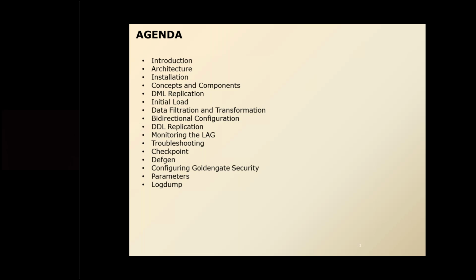Next, during this training program, we'll also be discussing troubleshooting. You will find troubleshooting in most of the sessions. What I try to do during the session is, basically there are so many issues in Golden Gate. So today if you're facing some issue, it may be possible tomorrow you're facing a different issue.